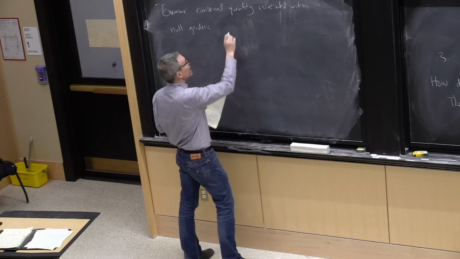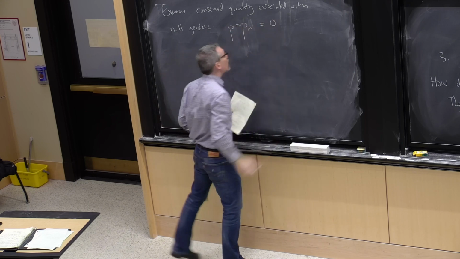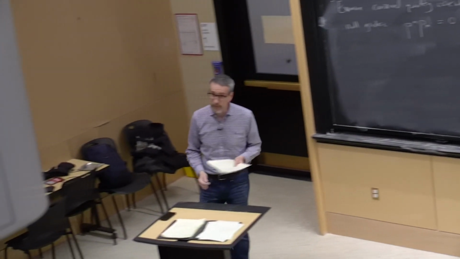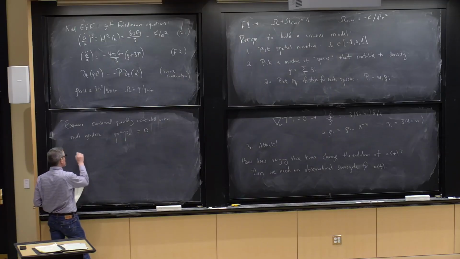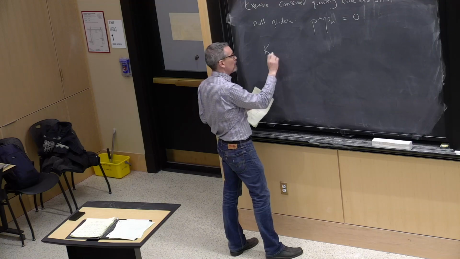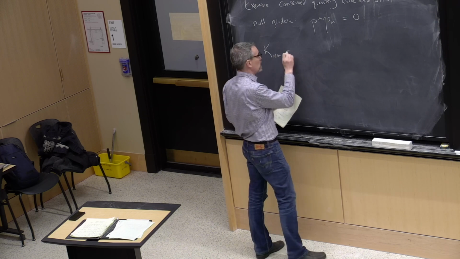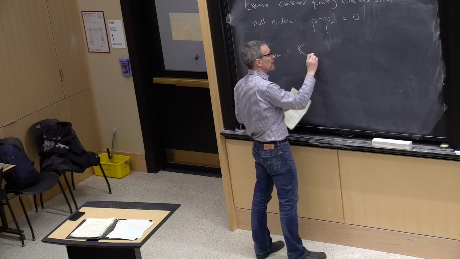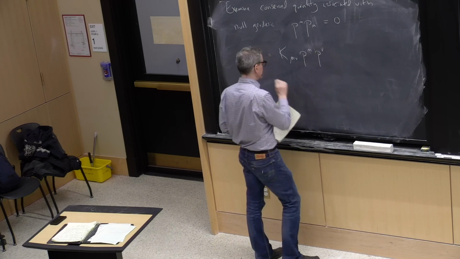So it's going to be a null geodesic. We're going to imagine it's radiation that is following, it has a 4 momentum, P mu. And let's define K sub ng for my null geodesic. That is going to be K mu nu, P mu, P nu.